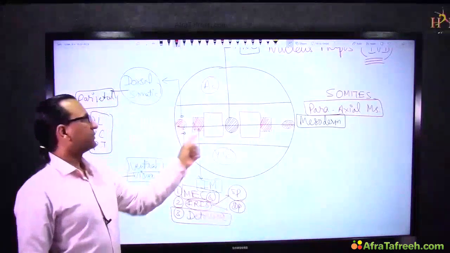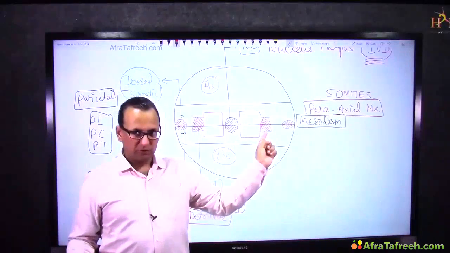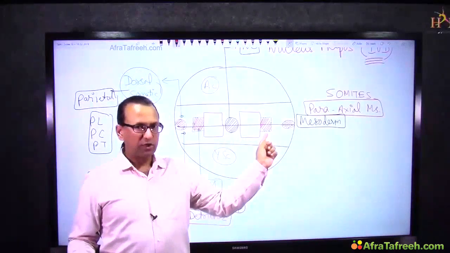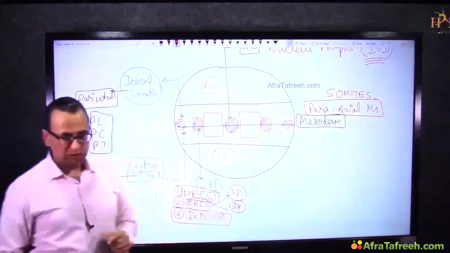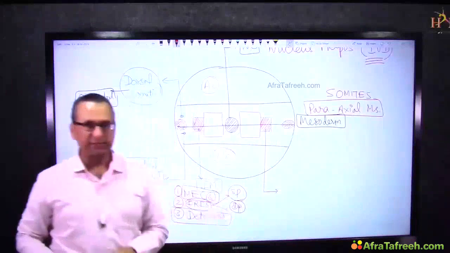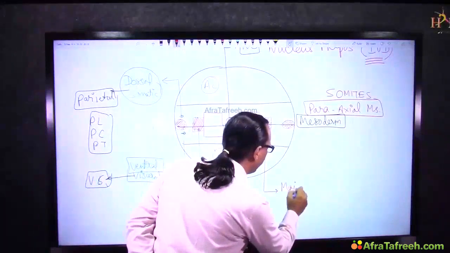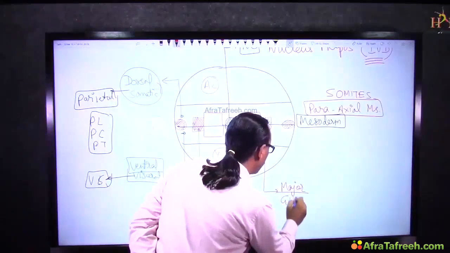Not only that, actually intermediate mesoderm is giving us the major portion of the genitourinary system. Like what is it giving? I'm telling you, intermediate mesoderm is the one which will give us the major portion of the genitourinary system.